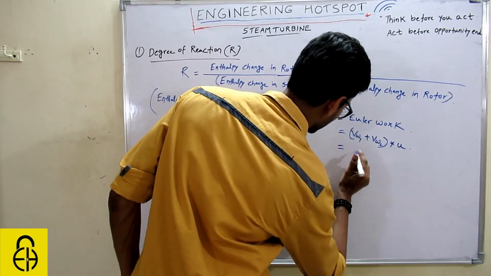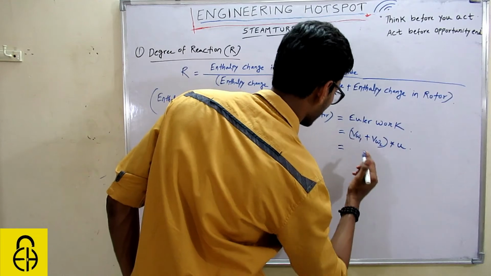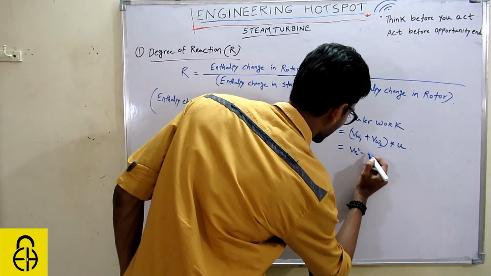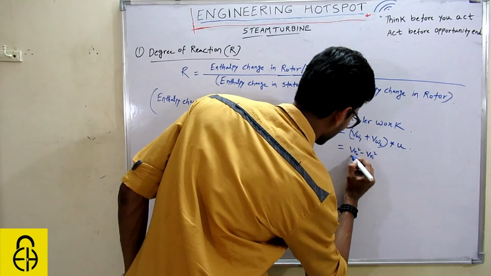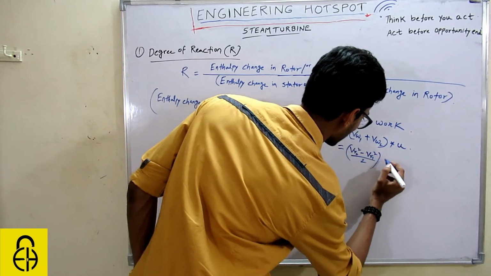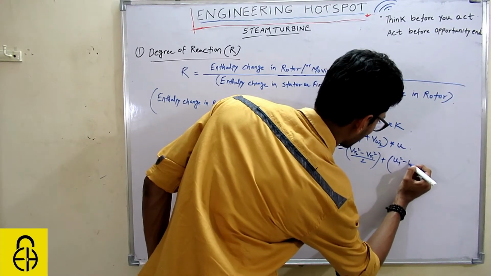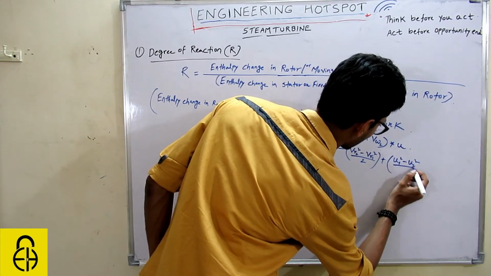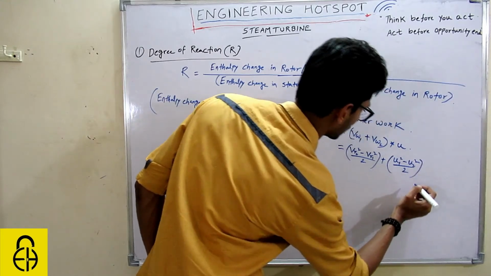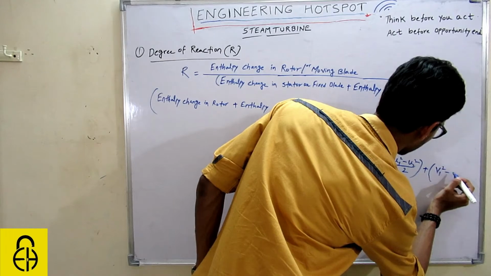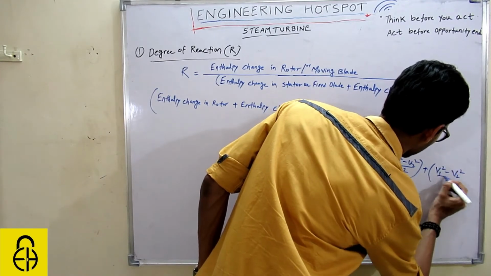This whole expression is also equal to VR2 square minus VR1 square by 2, plus U1 square minus U2 square by 2, plus V1 square minus V2 square by 2.